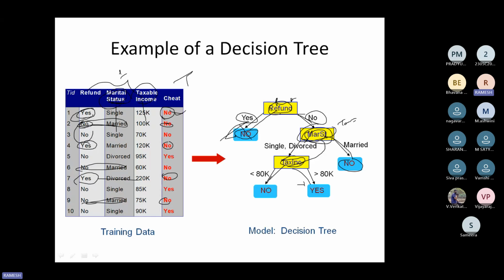When we come to the tree, it is a hierarchical, level by level representation. What will be the root node for the given data set? Many features are there, so which feature can we select as the root node? That is the big question here.